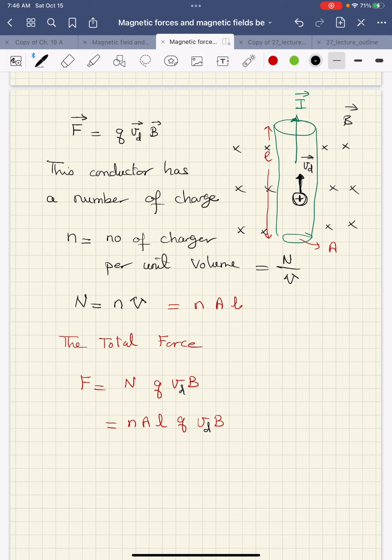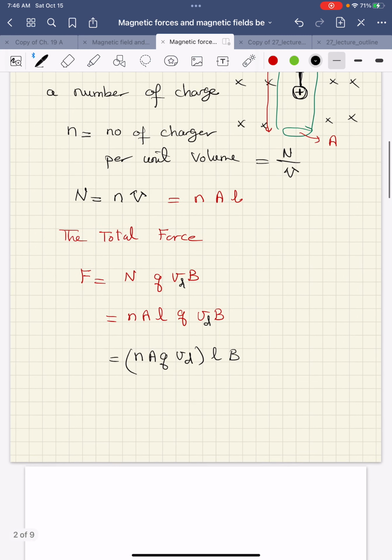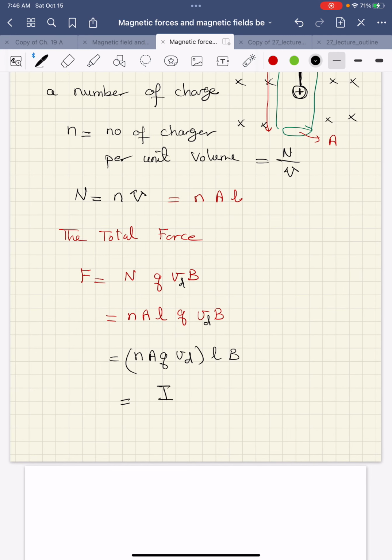Here I will say nAqvd all together times L times B, and that here is I, the current. Do you remember we have three equations for calculating the current, and this one is one of these.